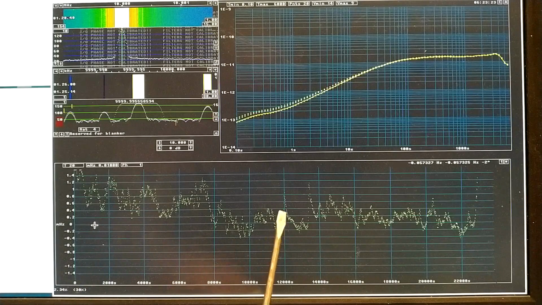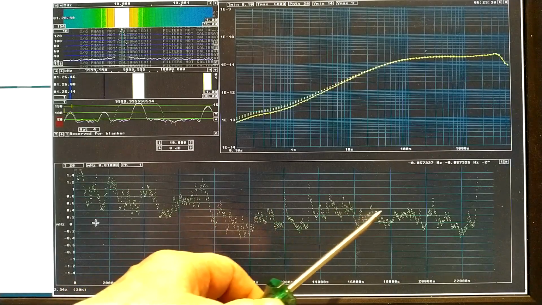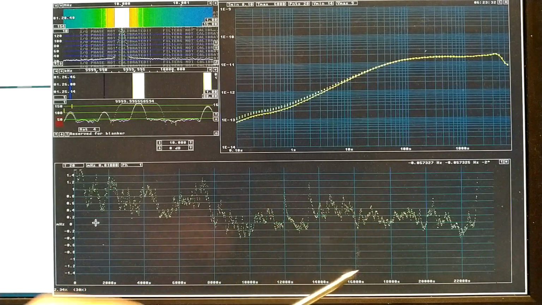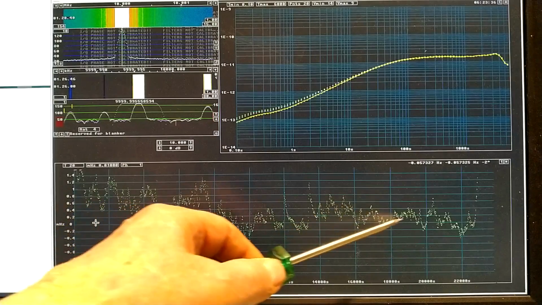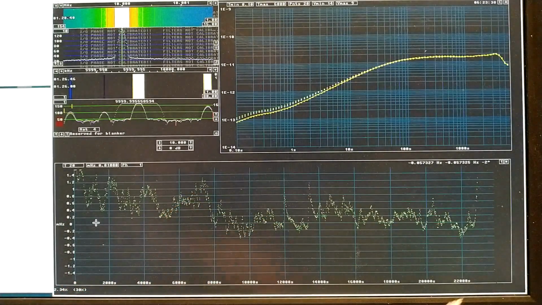And I can see here and here there have been frequency jumps. But most of the time it looks like regular Gaussian distributed noise. And here I have entered the room and maybe changed the air circulation around the unit.